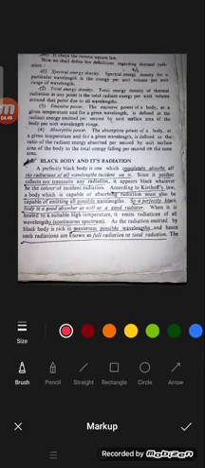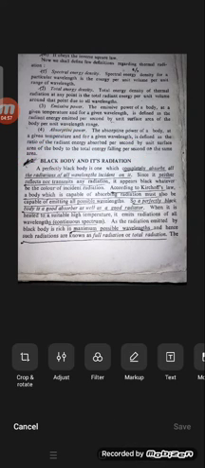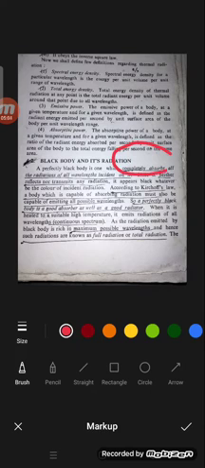Now, what is a black body and what kind of radiation does it emit? A perfect black body is one which completely absorbs all the radiations of all the wavelengths incident on it.